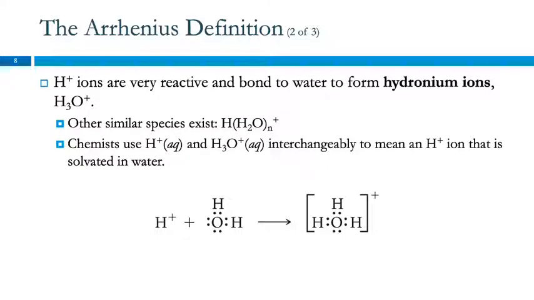So in an aqueous solution, there are water molecules around. So the hydrogen ions will react with water to form hydronium ions. The hydronium ion is H3O+. So here we have a Lewis structure for water. Here's our hydrogen ion. It has no electrons.